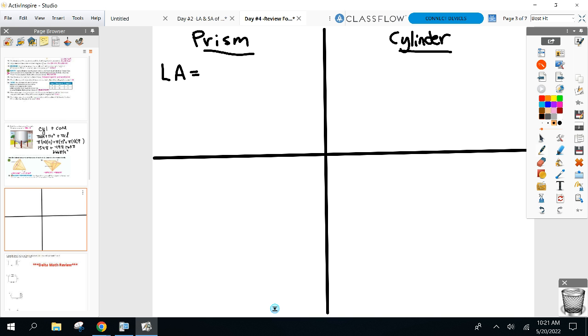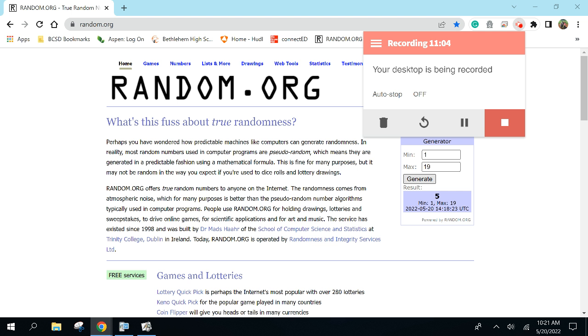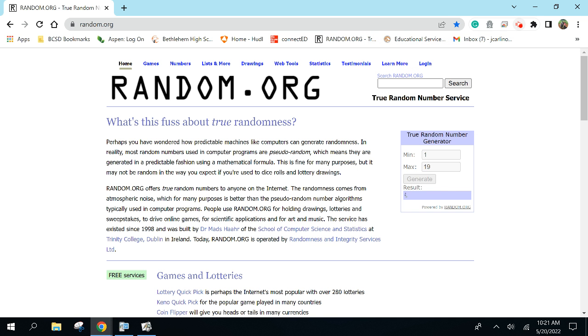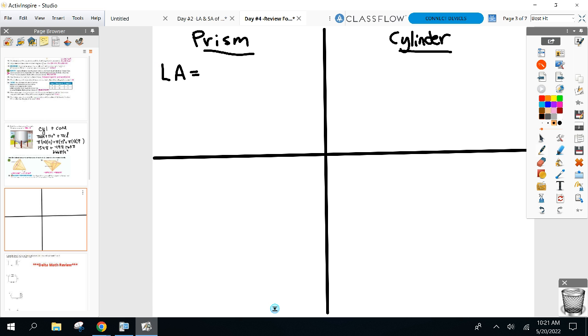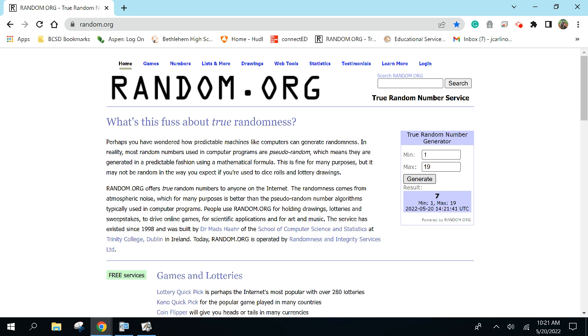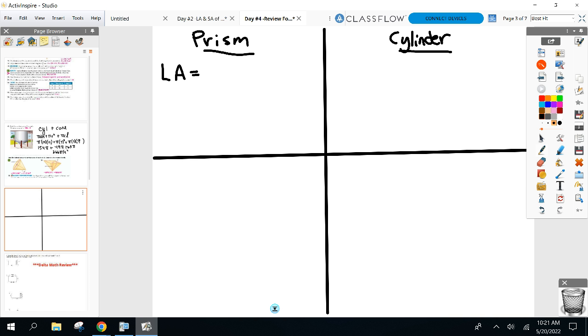What's the definition of lateral area? There's no formula here I'm going to give you. What's the definition of lateral area? Lateral area is the area without the bases. Take the bases off.